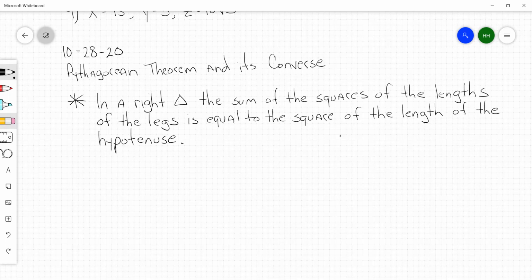In a right triangle, the sum of the squares of the lengths of the legs is equal to the square of the length of the hypotenuse. So let's take a look at a right triangle here. In a right triangle, obviously you have one right angle.